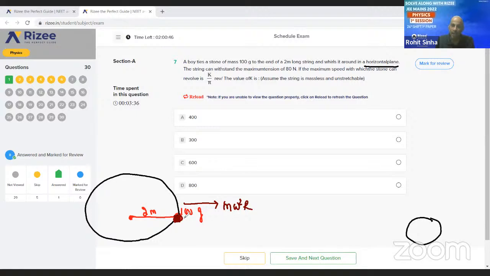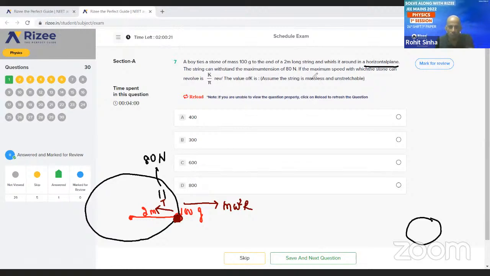On the other hand, the string will apply tension force in the opposite direction to balance this. And my dear friends, the value of the tension is given in the question as 80 Newton.